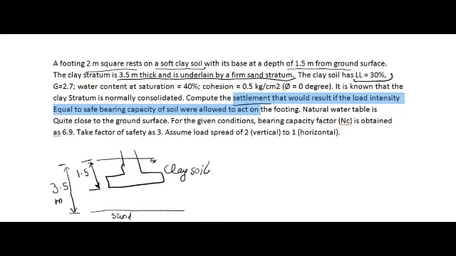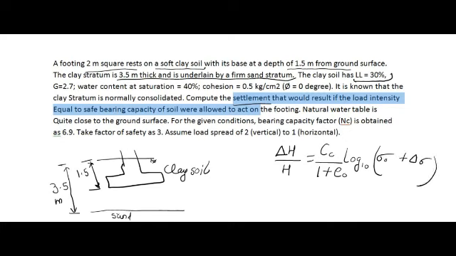Settlement means we have to find delta H. Delta H by H is equal to compression index Cc by 1 plus initial void ratio, into log10 of (sigma 0 plus delta sigma) by sigma 0.